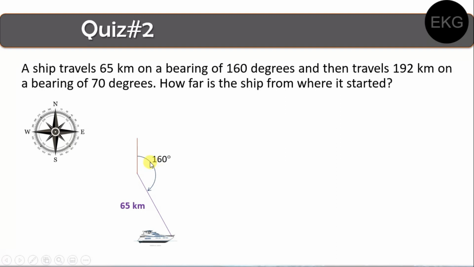It travels on a bearing of 160 degrees for 65 kilometers, and then travels 192 kilometers on a bearing of 70 degrees. So again, we draw a line here and measure the bearing of 70 degrees. Now this will be our direction wherein this ship traveled another 192 kilometers.